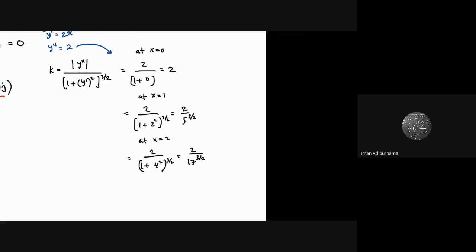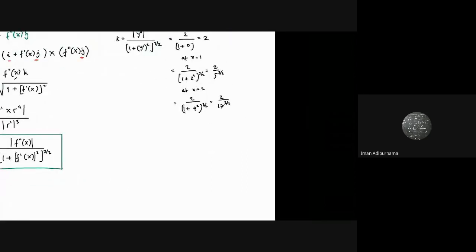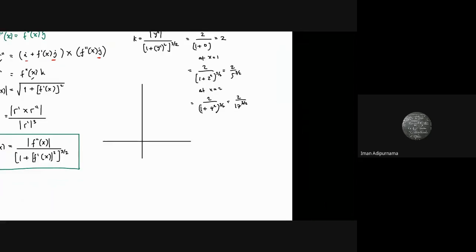Now, if you want to be more precise in the graphs, if this is our parabola y equals x squared, right?